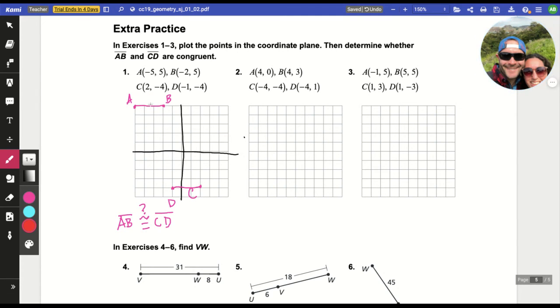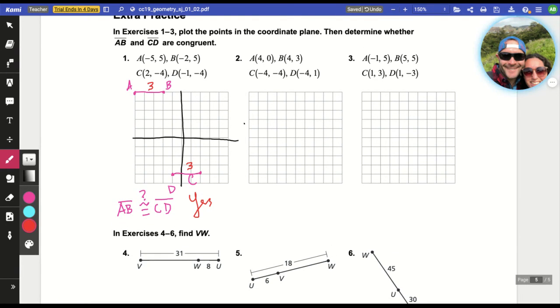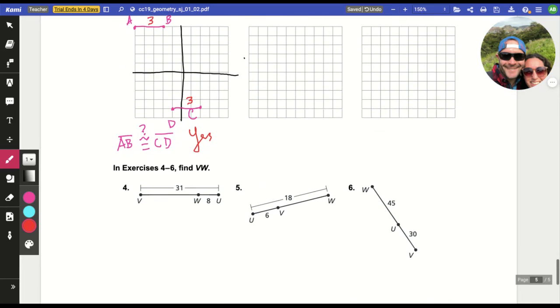If I just count the blocks, 1, 2, 3, it's 3. CD, 1, 2, 3. Yes, they are congruent because they have the same length. So that's all you're going to check here. You're just going to plot those points and count: are they the same length or not? If they have the same length, they are congruent. If they don't have the same length, they are not congruent.